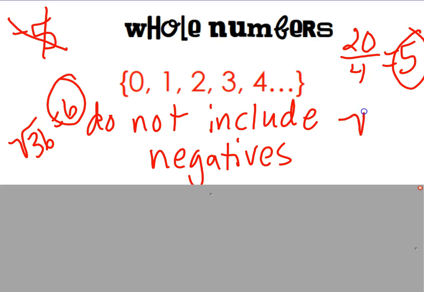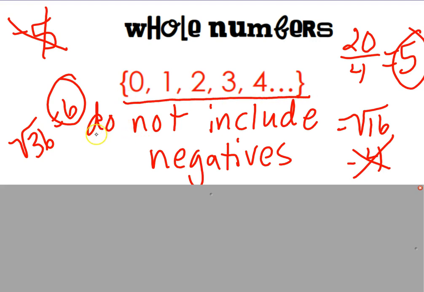The opposite of the square root of 16 is negative 4. A negative number is not a whole number, so it's not included. So in your notes, make sure that you write on the flap the numbers that are whole numbers, and then this little note here: whole numbers do not include negatives.